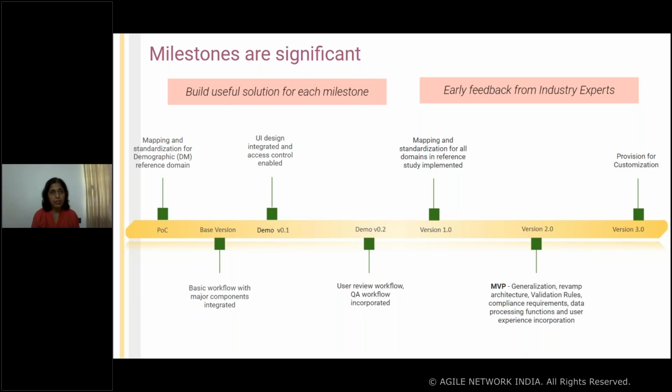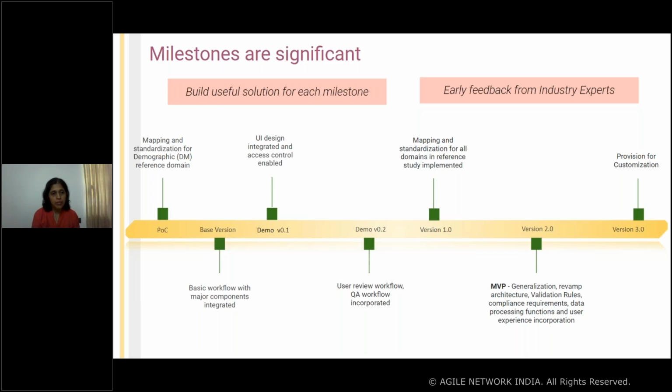Then early feedback from the industry expert. In my experience that helps us a lot, because what the industry perceives is not what we think, right? Their pain points would be totally different. They would need just very simple things to be addressed first by a tool like this. So getting their feedback early on helps us plan our roadmap also.